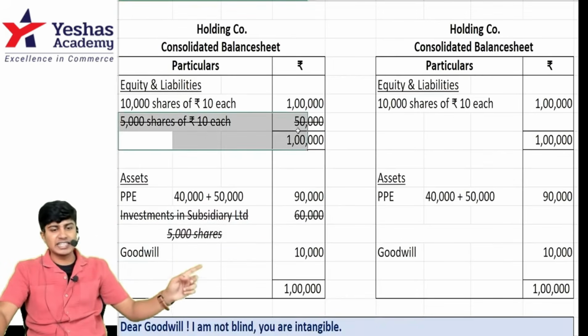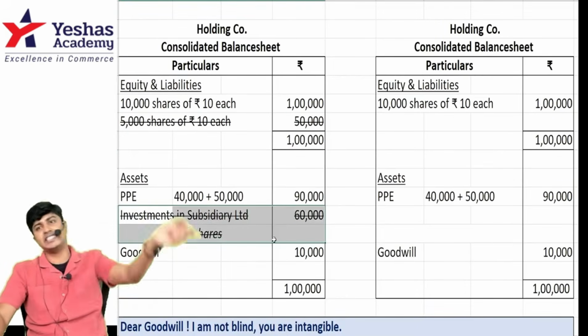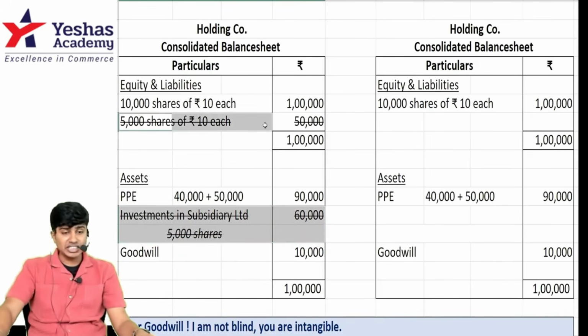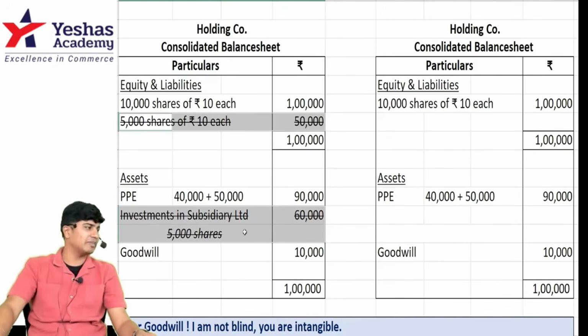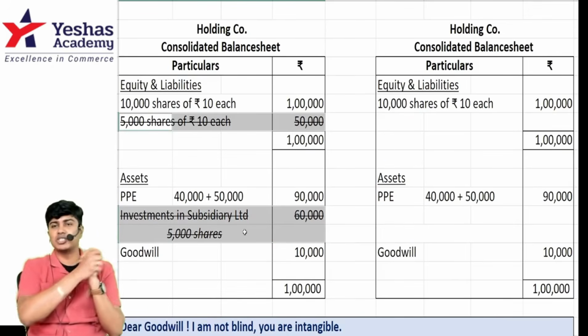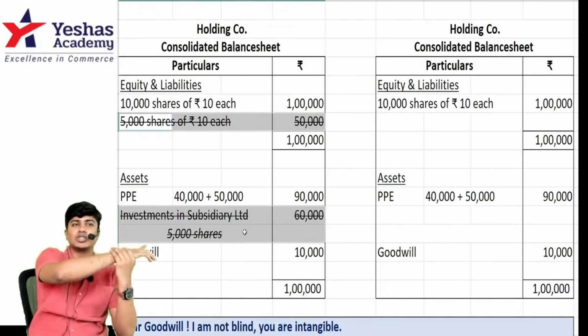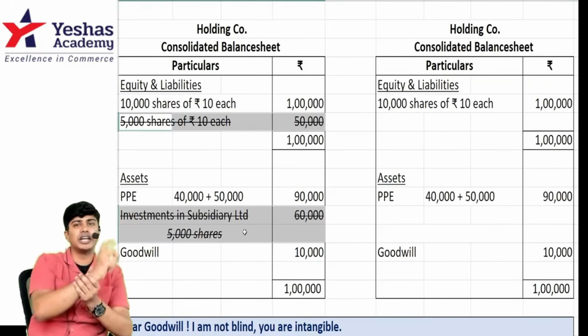Here we write and then scratch. Instead, I'll write them outside and then bring the balance to the inner column. We write share capital and investment in the consolidated balance sheet and identify the difference to find goodwill or capital reserve. Instead of doing that in the consolidated balance sheet, I'll do it in a separate working note.